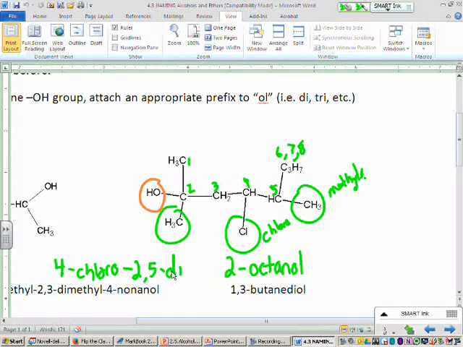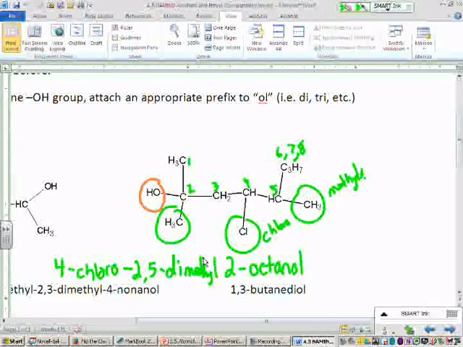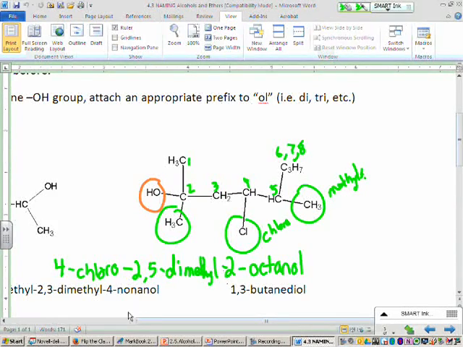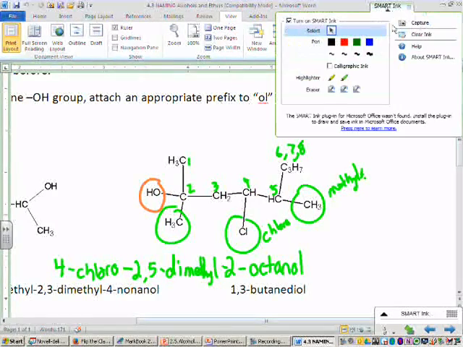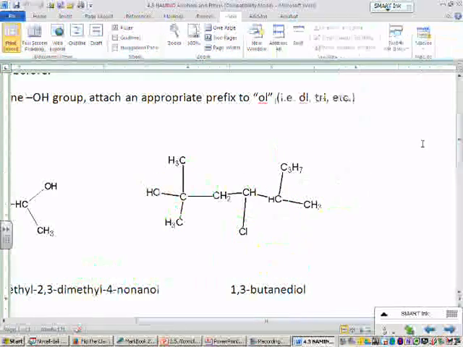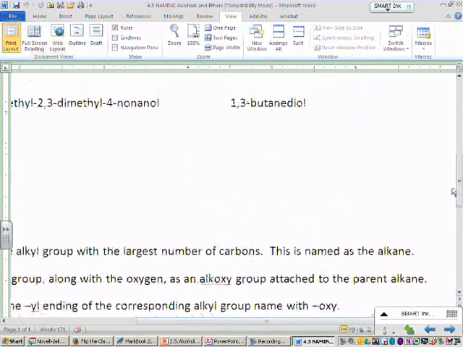Because I have 2 methyls, I need the prefix di, dimethyl, and then I need another dash to separate that. 4-chloro-2,5-dimethyl-2-octanol. All right?